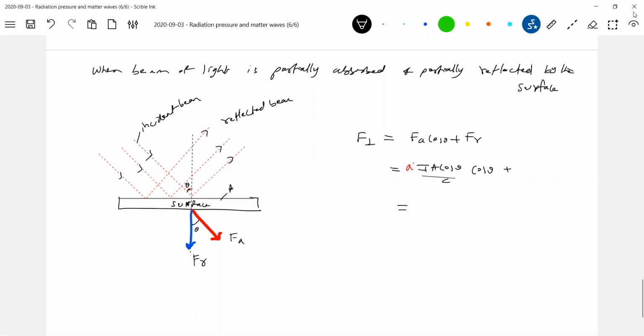This will be reflection coefficient R, and how much is it equal to? 2IA cos square theta by C, the 2 will be there. So IA cos square theta by C, take outside, A plus 2R.